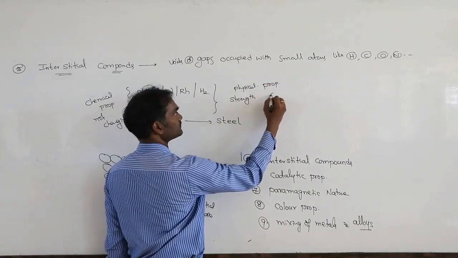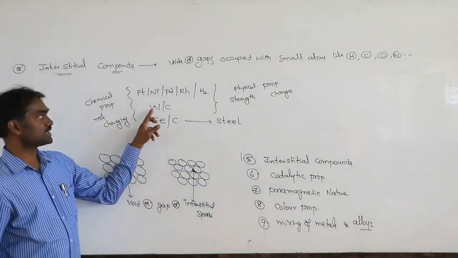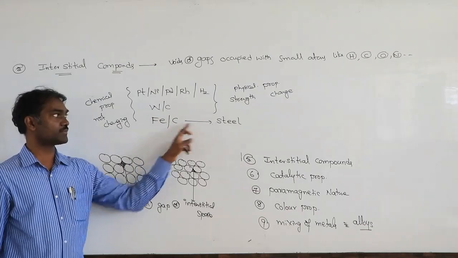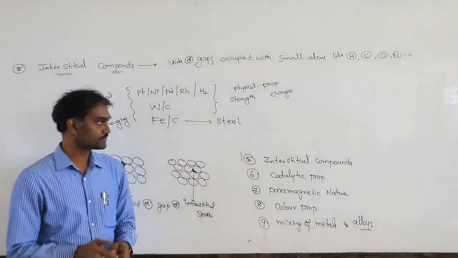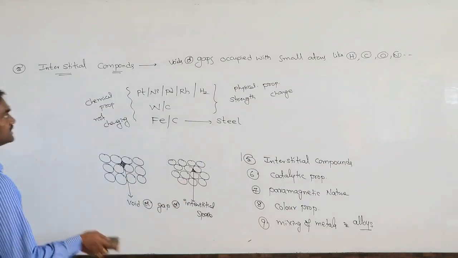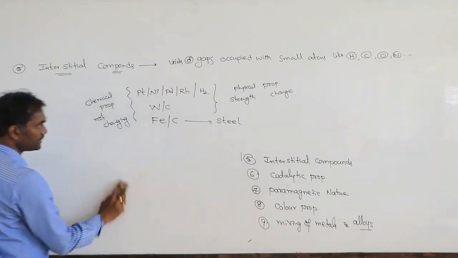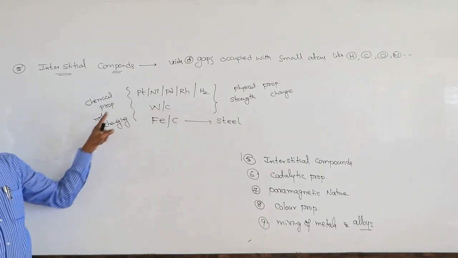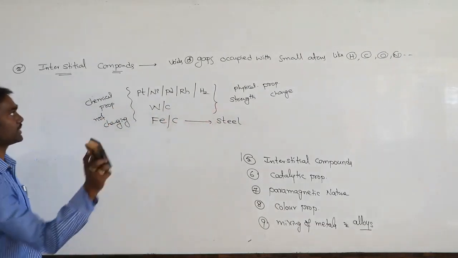This is important. Compared to tungsten, tungsten carbide has more strength. Compared to iron, iron with carbon, that you call steel, has more strength. That is about interstitial compounds. From the entrance exam point of view, chemical properties do not change, only physical properties change, you remember.